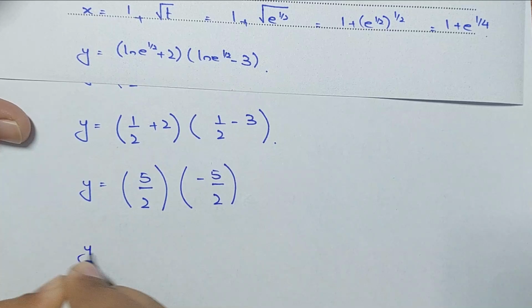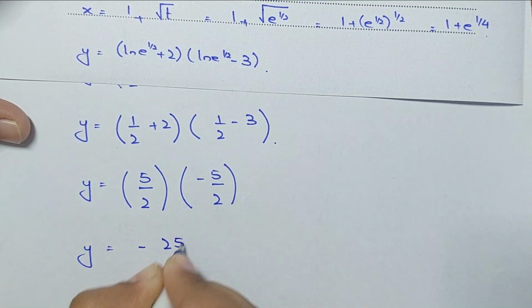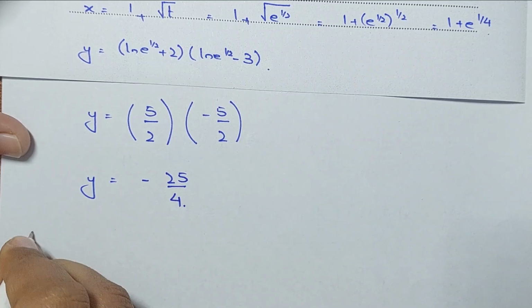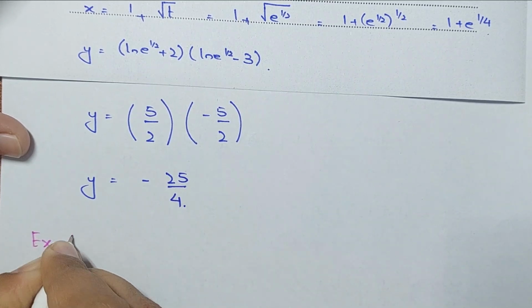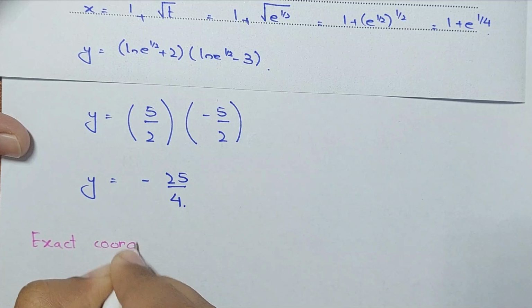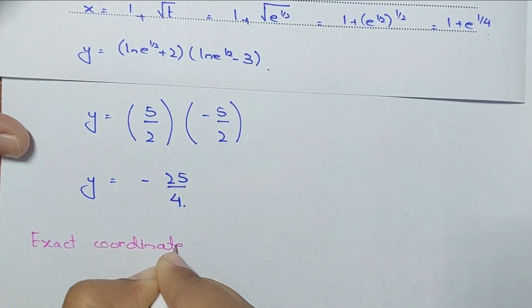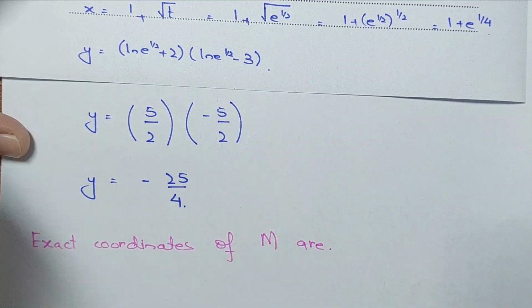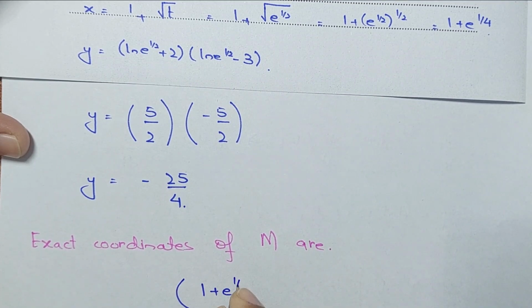So the y value is negative 5 times 5 is 25, 2 times 2 is 4. Okay, so we can say the exact coordinates of M are: the x coordinate is 1 plus e to the power 1 by 4, and the y coordinate is minus 25 divided by 4. These are the exact coordinates of M.